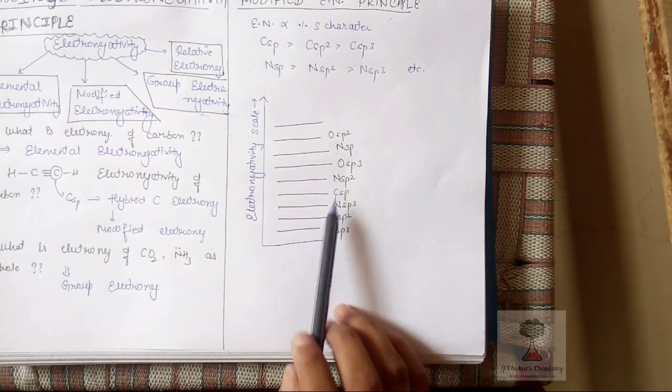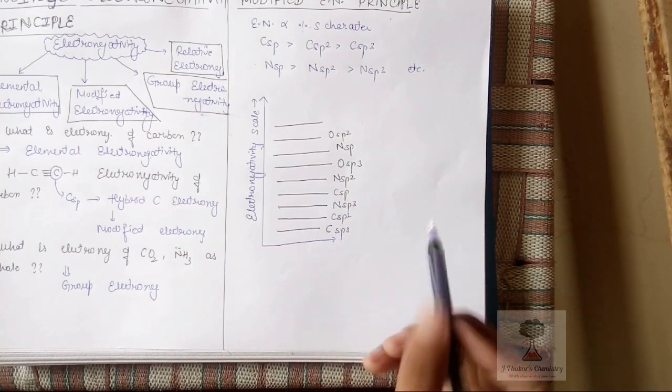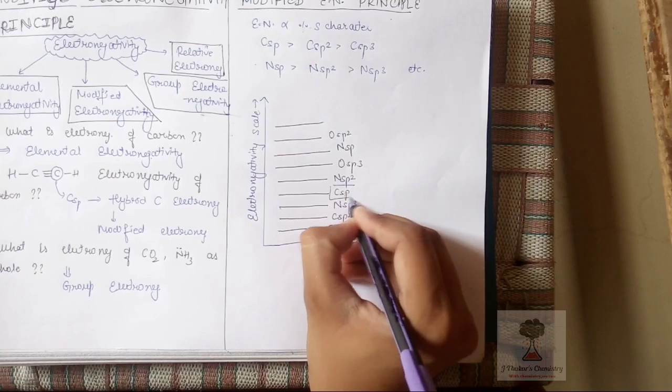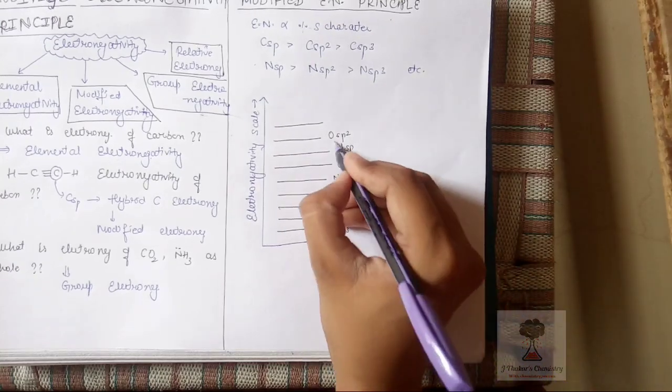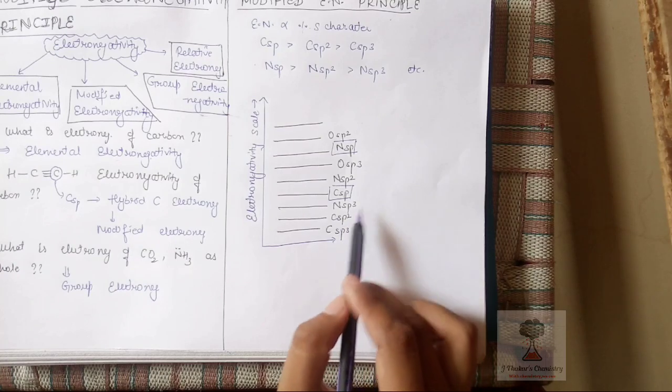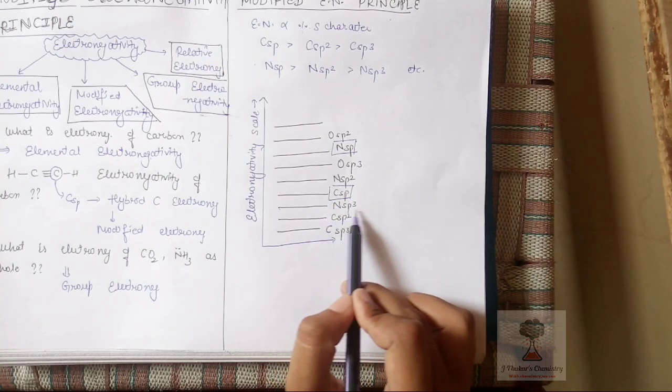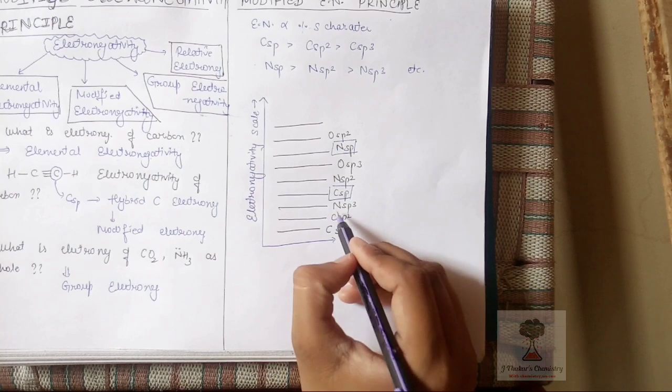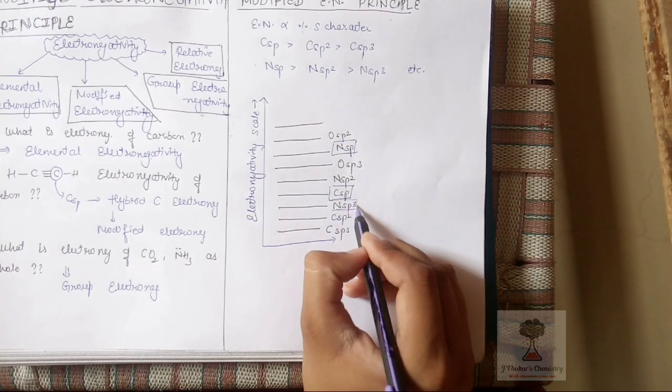From these scales we conclude that the electronegativity of the sp hybrid orbital of an element of a period is greater than that of the next element of that period having sp3 hybridization.